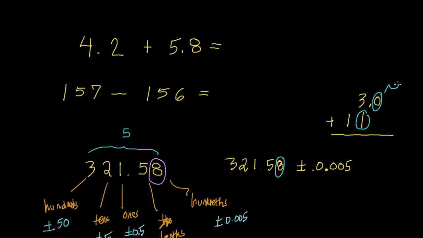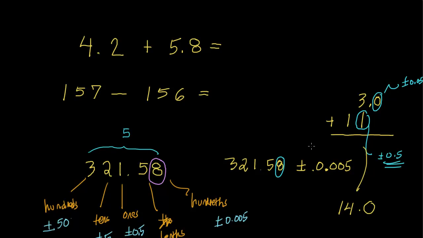So this implies plus or minus 0.05, and this implies plus or minus 0.5. The larger of these two uncertainties rules the answer. So in this case, it's plus or minus 0.5. And the logic is that this smaller uncertainty gets lost within the slop of this uncertainty.